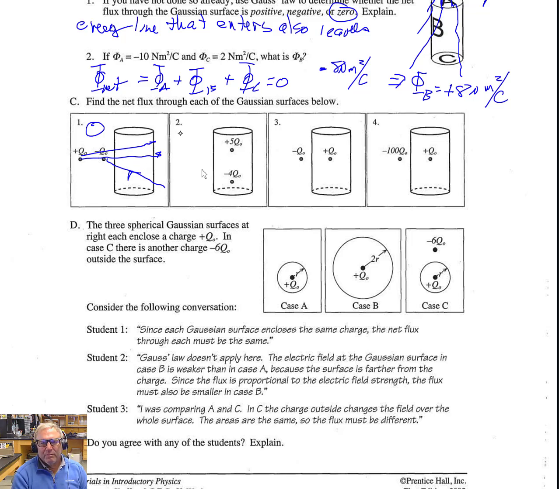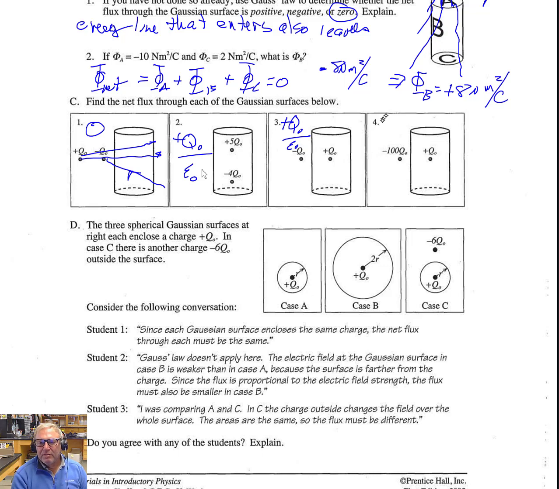Here it's plus net flux, so it's plus Q0 over epsilon 0, because 4 of the minus Q's will cancel 4 of the plus Q's, so I'm left with 1 positive Q. Then here, this is plus Q0 over epsilon 0, because every flux line from the minus 1 will enter and leave.